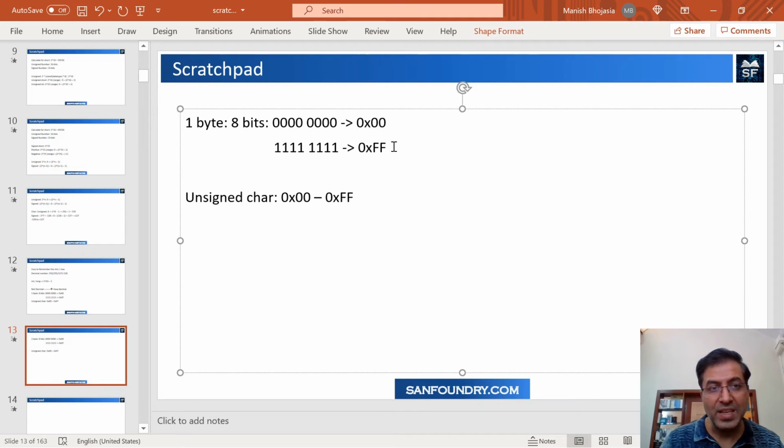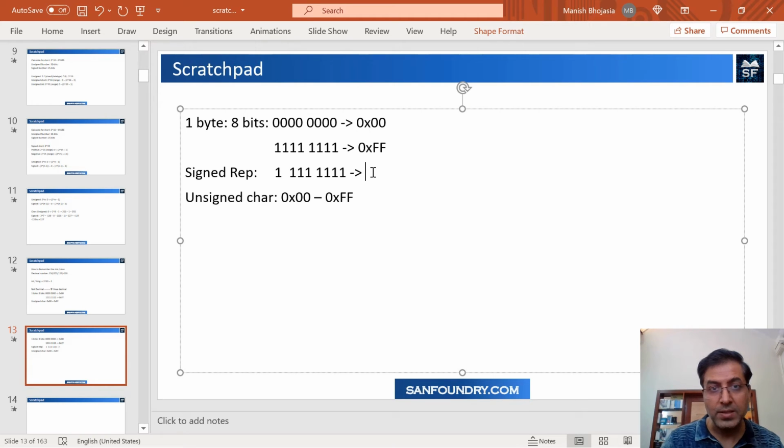In the world of signed representations, we are saying 1 followed by 3 ones followed by the 4 ones, right? I've just separated it out for our calculation purpose. I repeat, I'm separating only for the calculation. So look into only this number. This number is essentially 7, right?